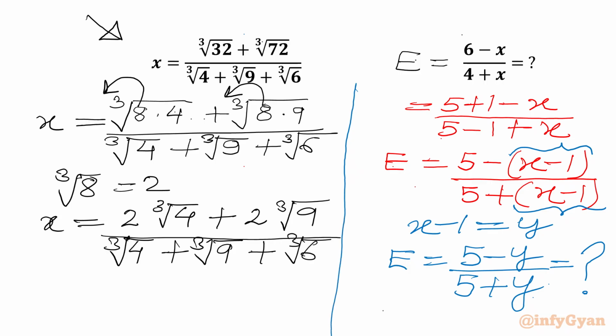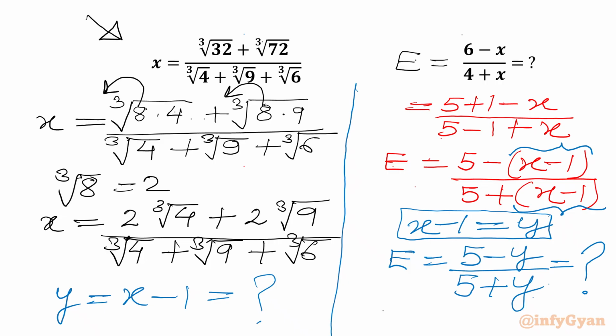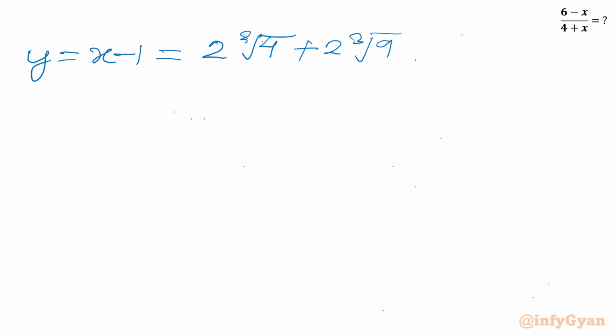Now we have to calculate y. y is x minus 1, so y will be equal to x minus 1. Let's calculate first. y equals x minus 1. x is 2 cube root 4 plus 2 times cube root 9, over cube root 4 plus cube root 9 plus cube root 6.